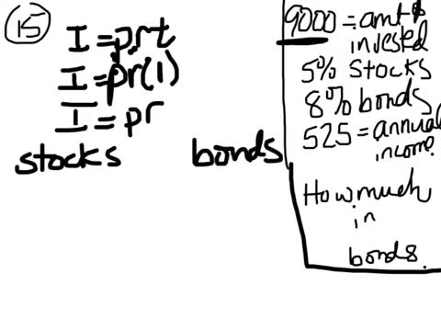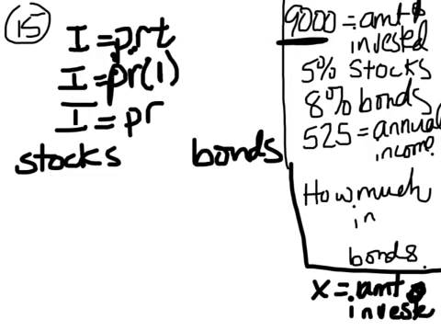I'm going to call stocks X, because if I call it S, it'll look like a 5, and I'll have too many questions about is that an S or a 5, okay? So X is the amount he invested in stocks.